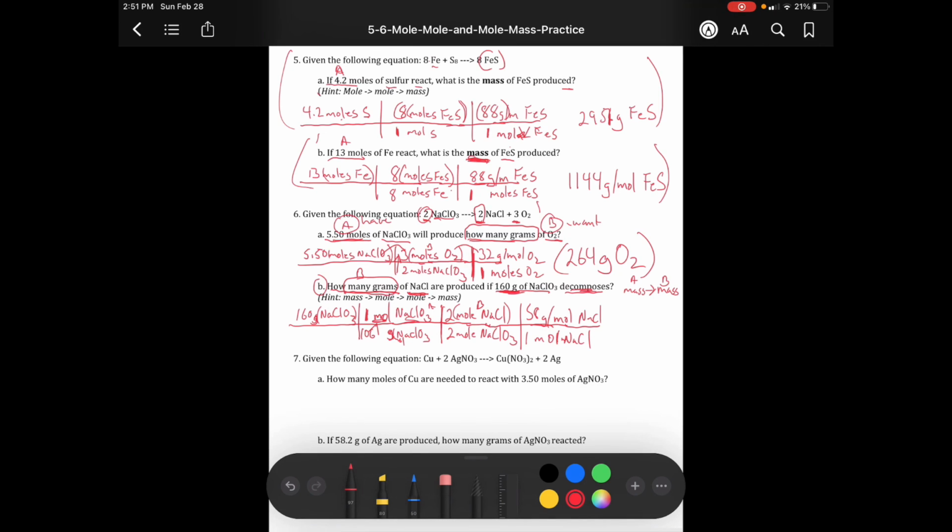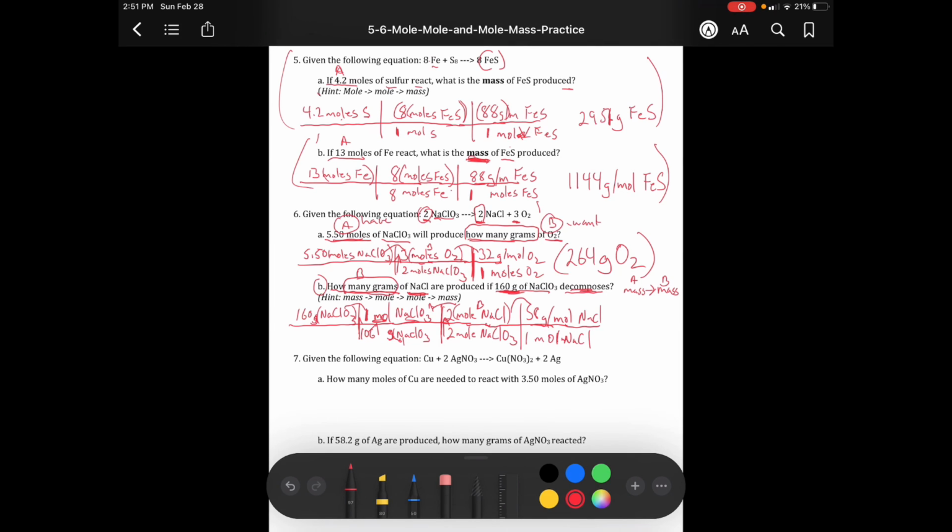Okay, so now we're going to do all of our math. This is where we need to be very careful as far as getting the right numbers in. So it's going to be 160 times 1 because we multiply across the top. Now we're going to divide by the bottom. We're going to divide that by 106. Now we're going to multiply that by 2, but then we're going to divide it by 2.